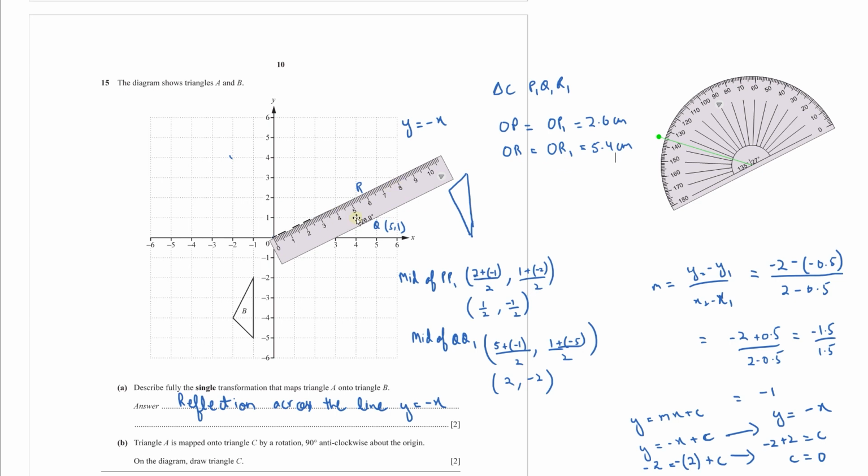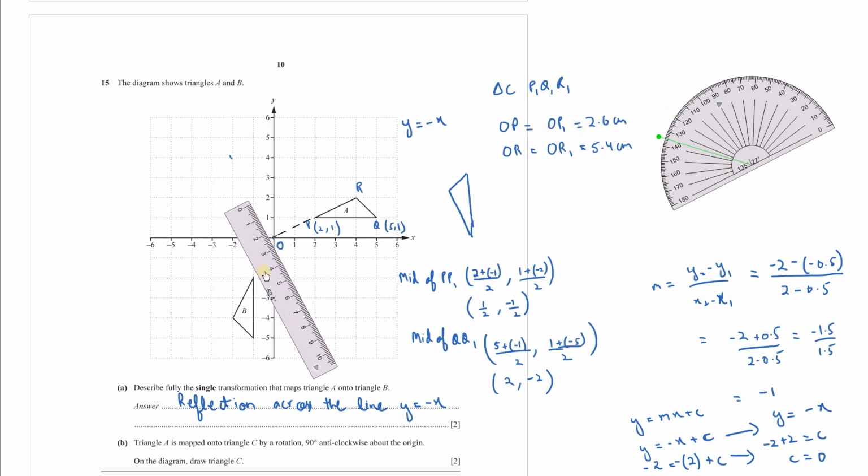So now I can rotate my ruler here. I know that my point P1 is at 90 degrees, let me make sure I have the correct orientation of my ruler here. Yeah. So my point is at 90 degrees, which is this line. And how far is it from the origin, the center of rotation? The same distance, which is 2.6 centimeters.